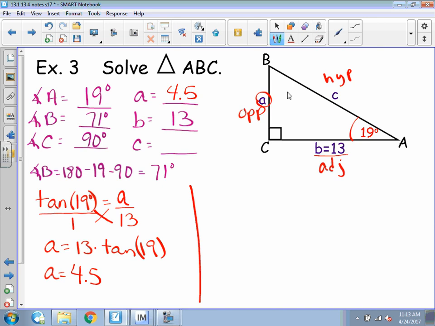So which trig value has adjacent and hypotenuse? Cosine. So we will say cosine of 19 degrees is adjacent, which is 13, over hypotenuse, which is C. So put it over 1 so that we have a proportion.